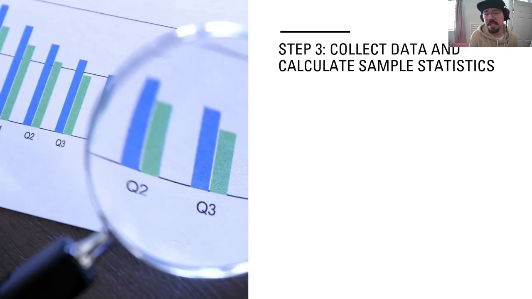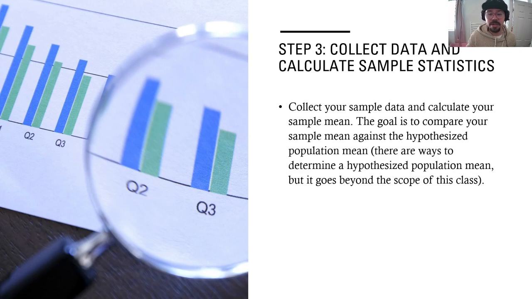Step 3 is to collect data and calculate sample statistics. This is a very quick component, largely because we're not actively collecting data in this particular class right now. It's in step 3 that we will go out, collect our sample data, and calculate our sample mean.